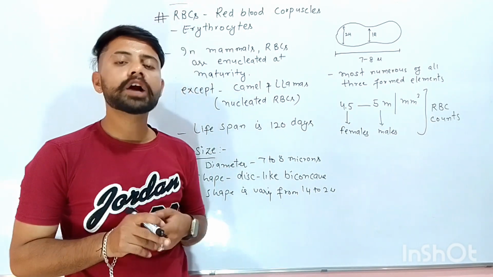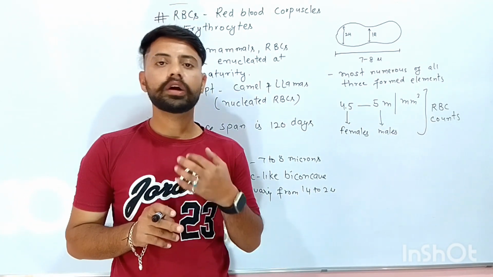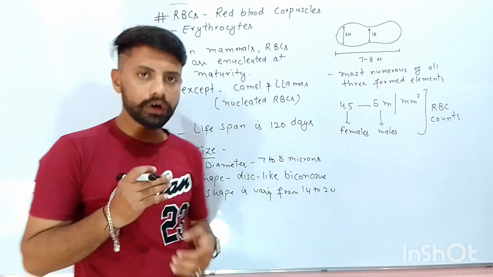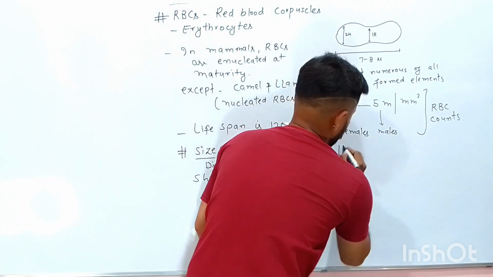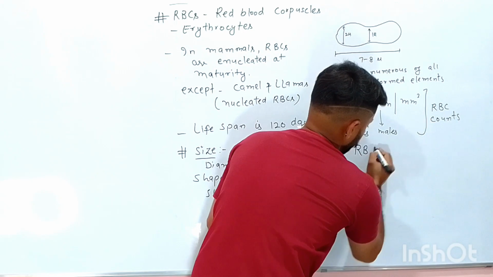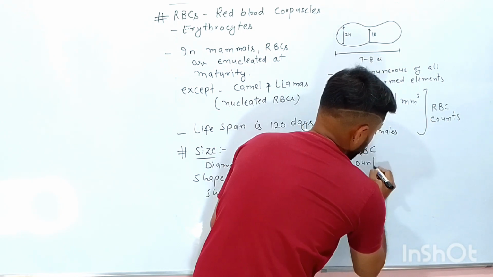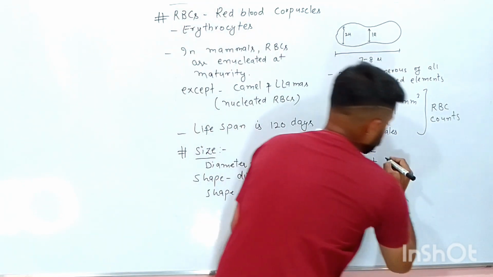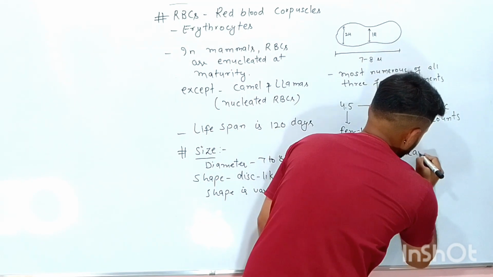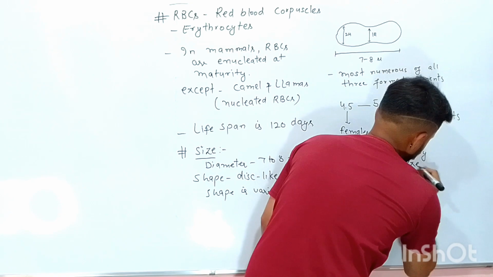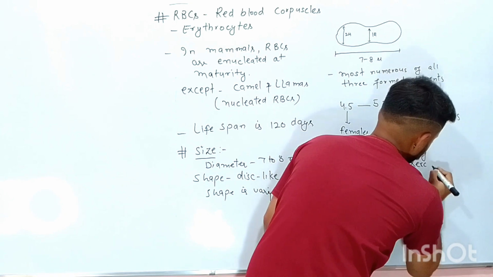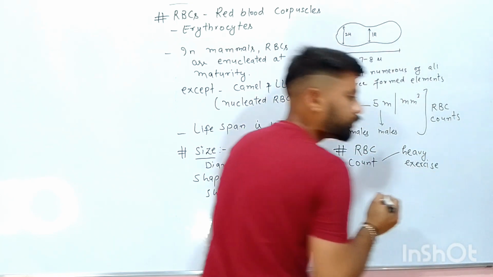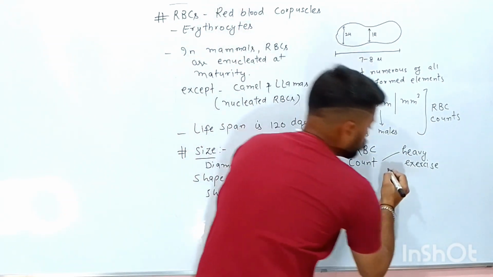This RBC count increases in two conditions normally. Now what are those two conditions? It increases during heavy exercise, and if the person is at a higher altitude.